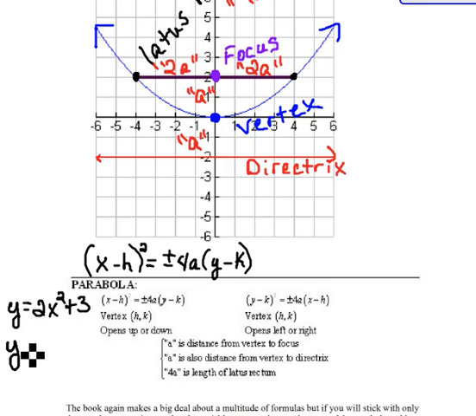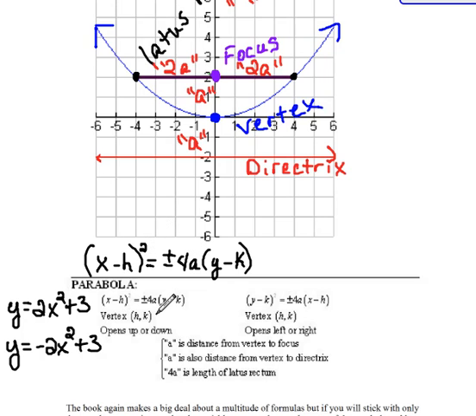And then if we had had something like this, the only difference between these two was this one opened up and this one opens down because of the positive or the negative in front of the x squared. Remember all of that? Okay, so we've actually already dealt with the ones that were x squared. This is just in a slightly different format. Instead of it being y equals, we're going to look at it now as x minus h squared equals.